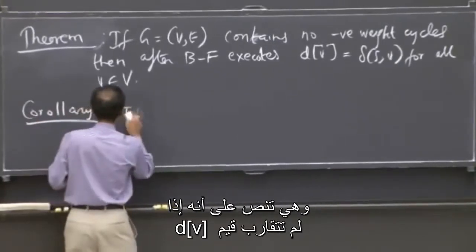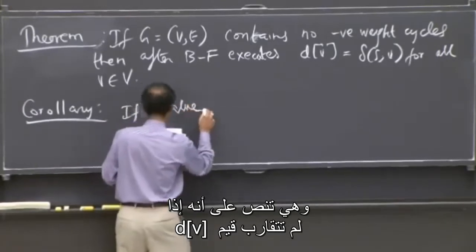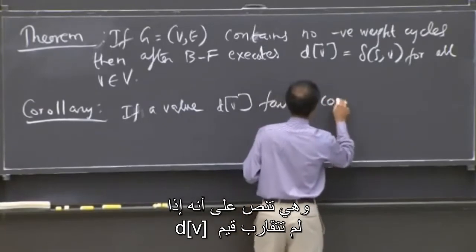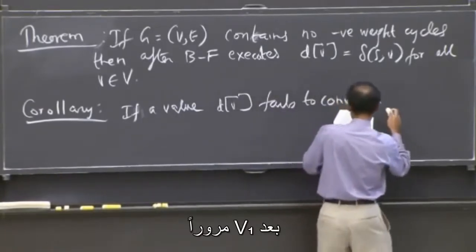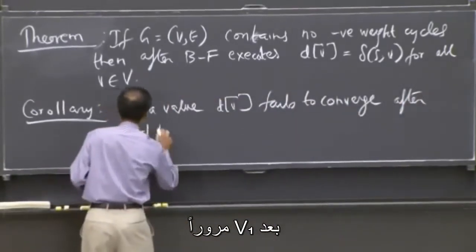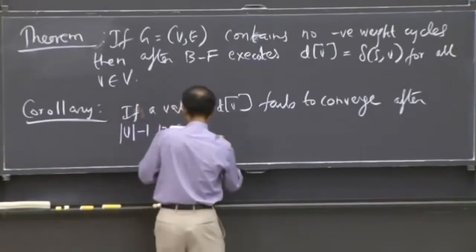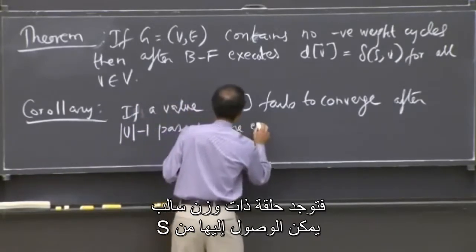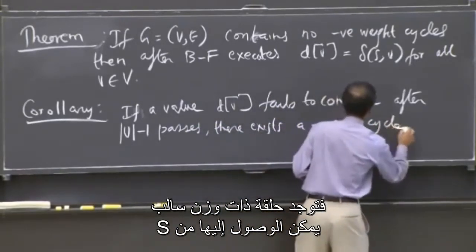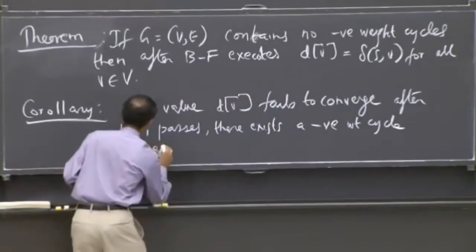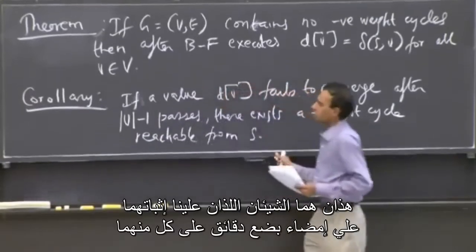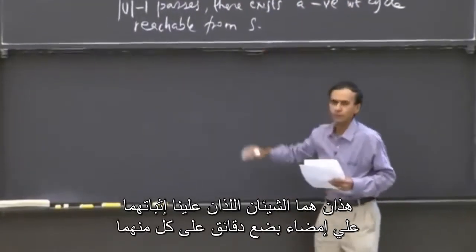And this says if a value d of v fails to converge after V minus 1 passes, there exists a negative weight cycle reachable from S. Right, so those are the two things that we need to show.